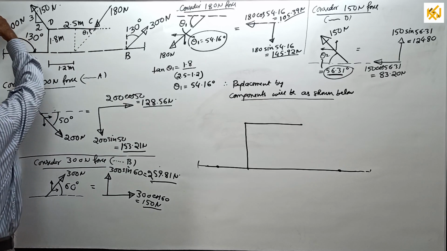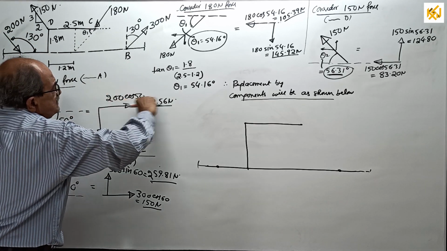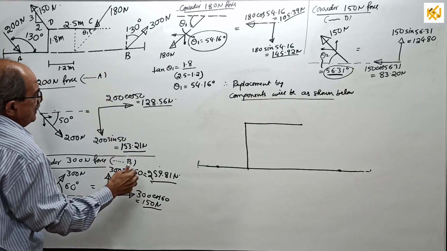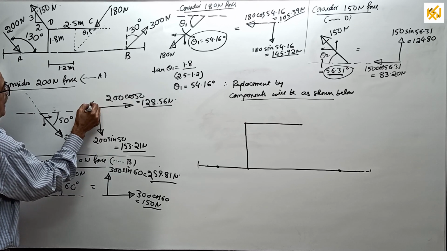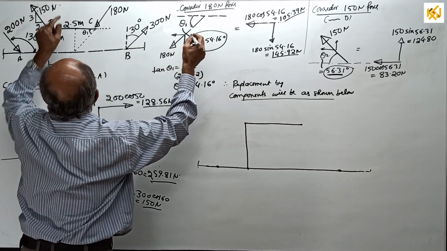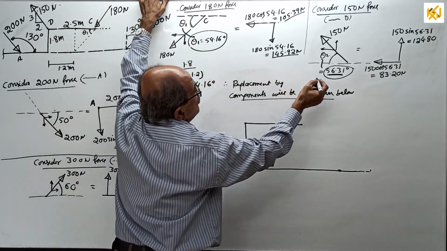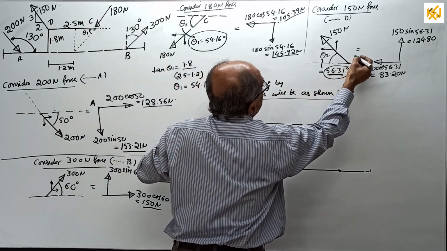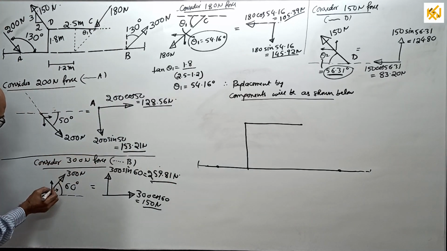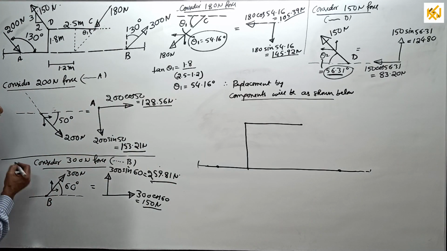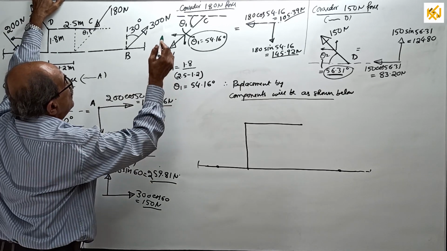The 120 Newton force acting at A, we resolved here: one right side component and one down component through this point. Therefore, this is the point A. Then 180, this is the point C. 150, this is the point D. And one more point, 300, this is the point B. So which one first?